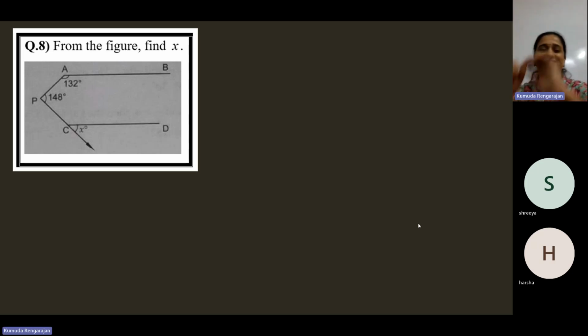Our answer is wrong. What's the value of x? 132 is not right. I have a different answer.